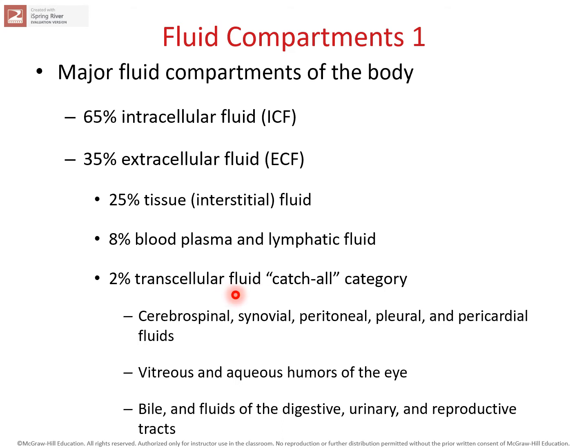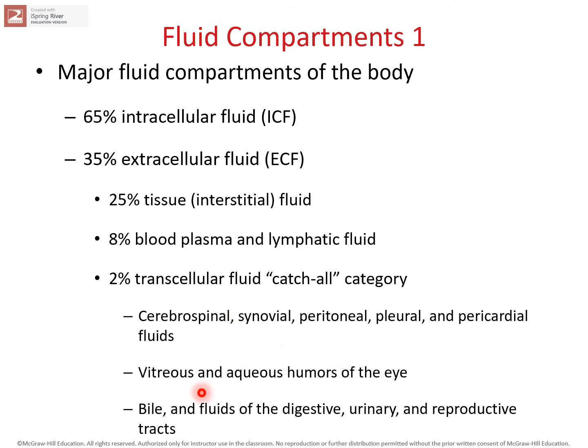So spaces that are lined with epithelial cells, like the cerebrospinal fluid in the brain, or the synovial cavity, peritoneal cavity, pleural cavity, where you have the serous fluid surrounding the organs in these cavities, make up the transcellular fluid.